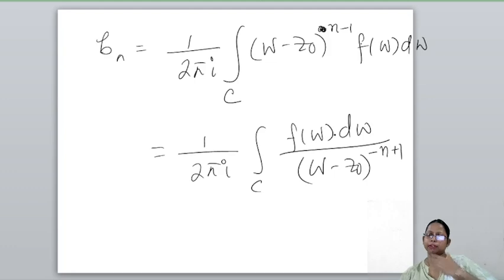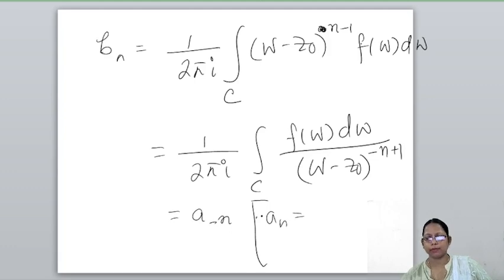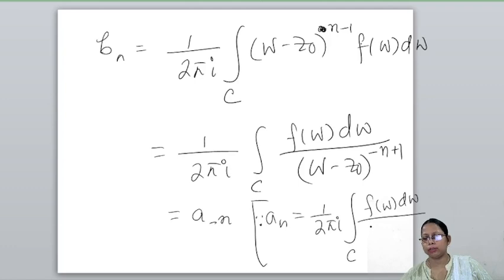When I bring this to the denominator, the power becomes negative, and it will be equal to a with suffix minus n, because an is 1 by 2 pi i integral over C of f(w) dw by (w minus z0) to the power n plus 1.